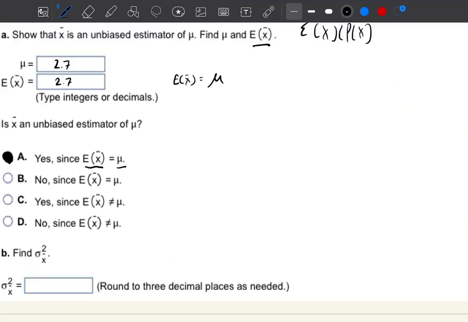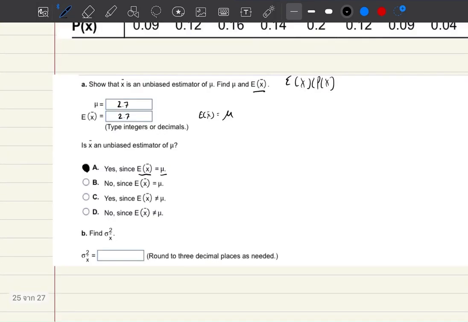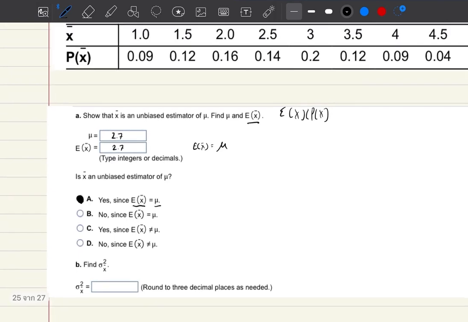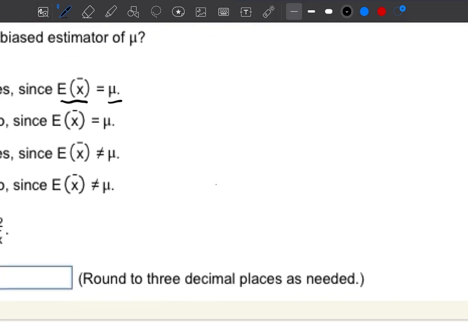And the B part is find the variance of x bar. To find the variance of x bar, we're going to use sigma of x bar minus E of x bar, or the mean of x bar, squared and times the P of x bar.